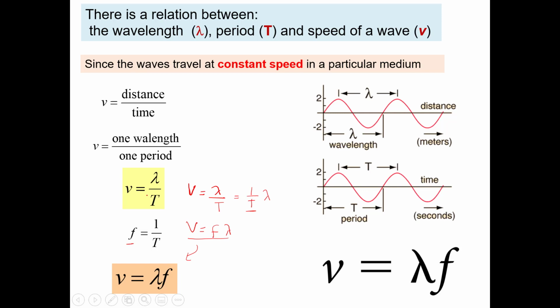Then we can apply either this equation or this equation. They are the same equation, similar equations to describe any wave, where v corresponds to the speed of the wave, lambda corresponds to the wavelength, and capital T corresponds to the period.